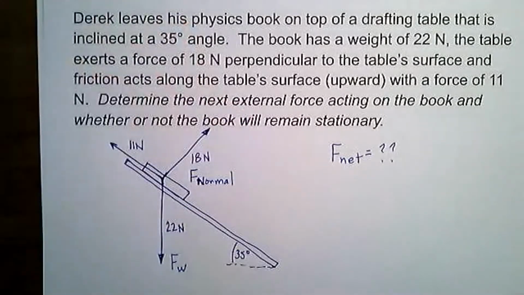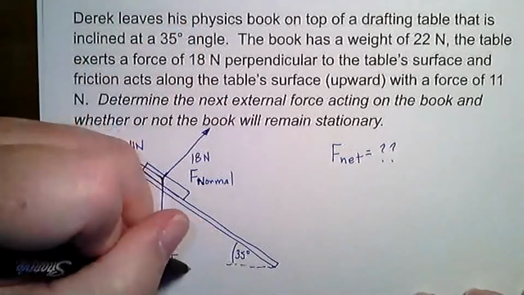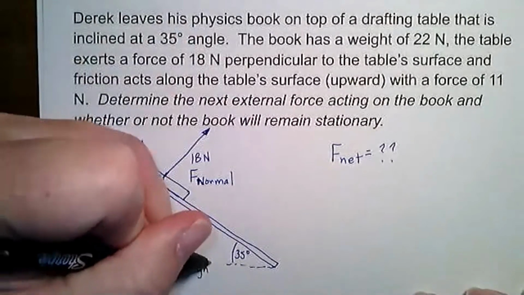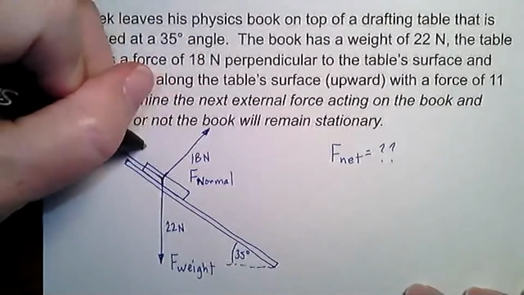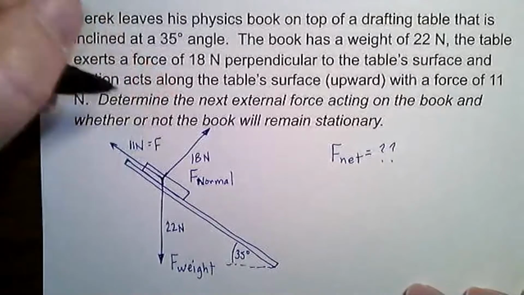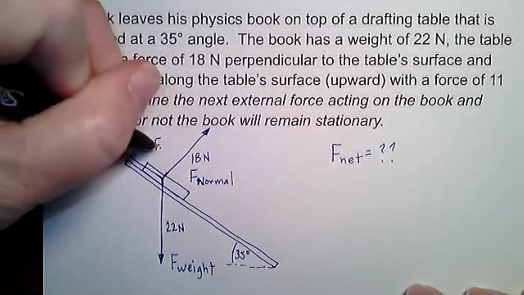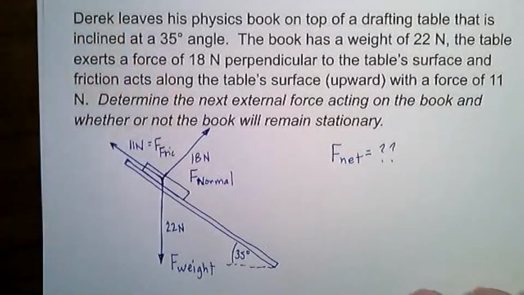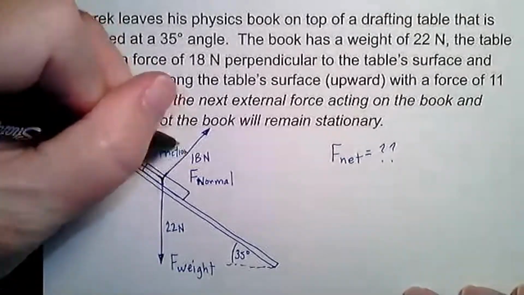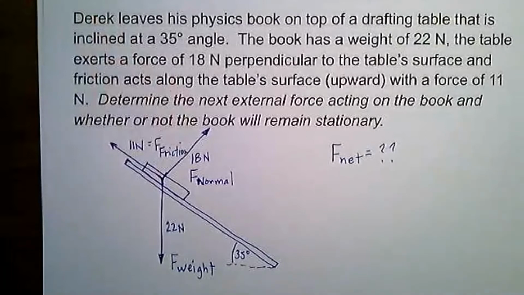You'll learn more about this as we go through this chapter. This, of course, as I mentioned, is the force of weight, which is gravity pulling you down. And this one here, I'll just call it F_F, the force of friction. Okay, anyways.